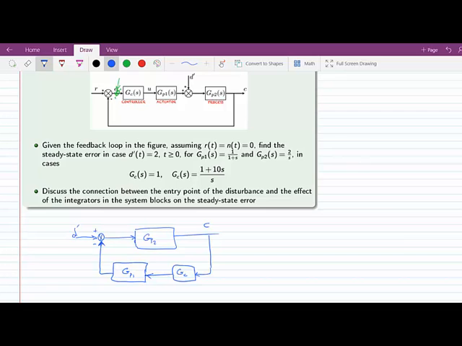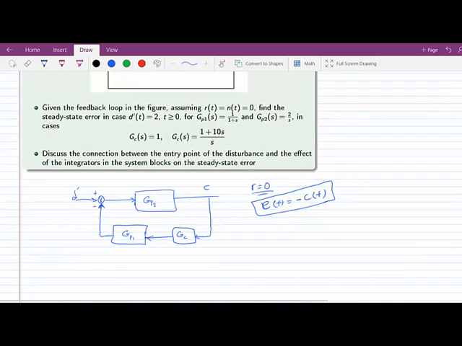And in such a situation, we can see that setting R equal to 0, the E will be equal to minus c of t. Okay, so this is something that we have. As a result, the steady state error will be equal to minus the steady state value of the output.